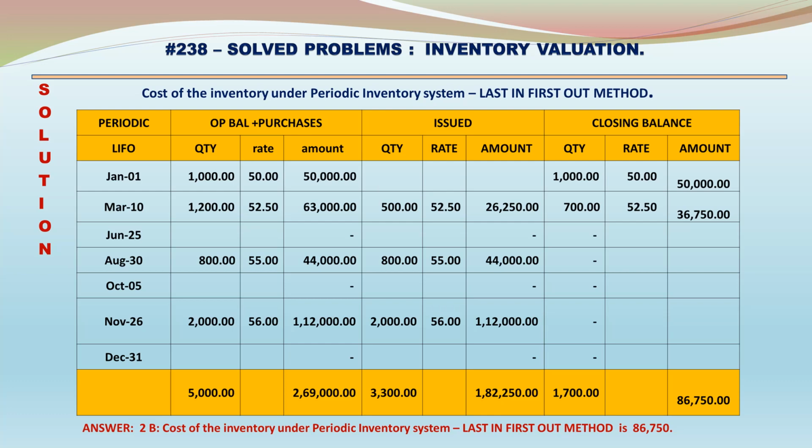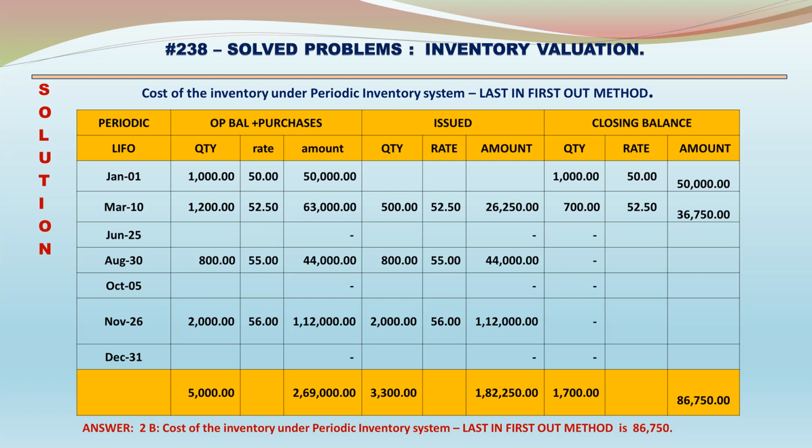There is a sale of 3,300 units adjusted from the last purchase: 2,000 units from the November purchase, 800 units from August purchase, 500 units from March purchase, amounting to 182,250. Now the balance remaining is 1,000 units at 50,000. Now March 10, 700 units at the rate 52.50, 36,750.